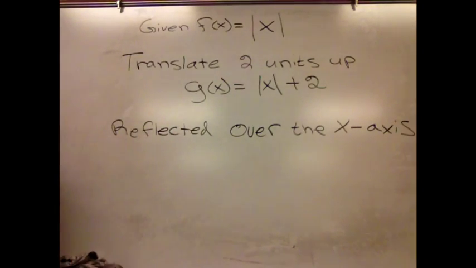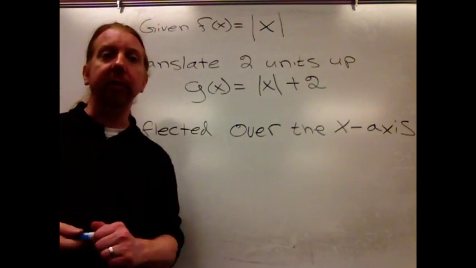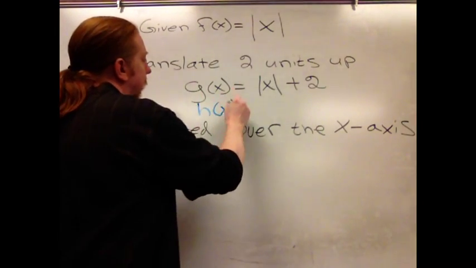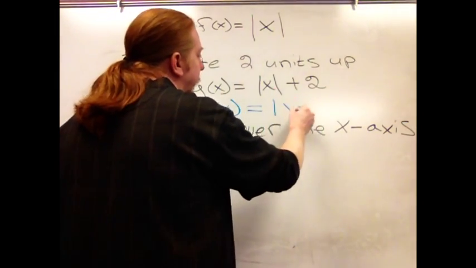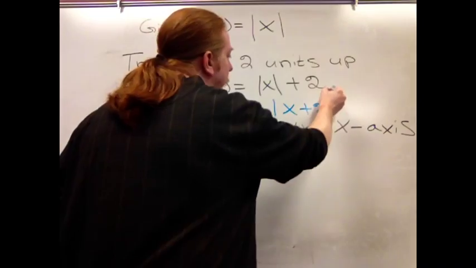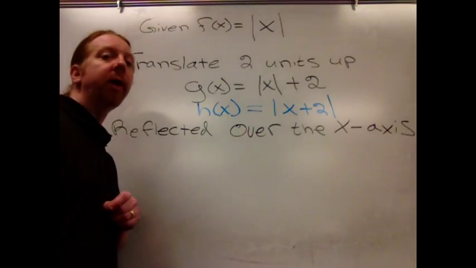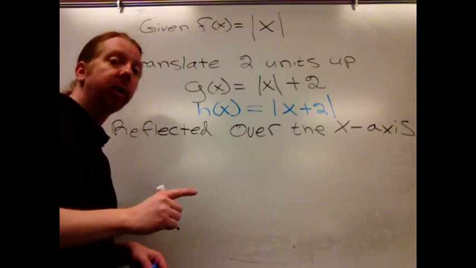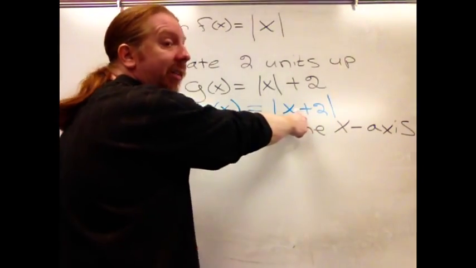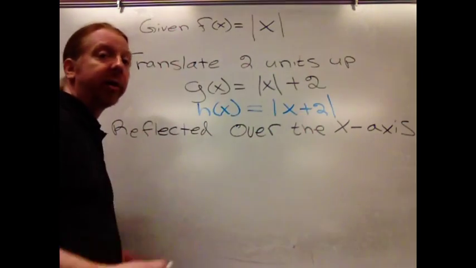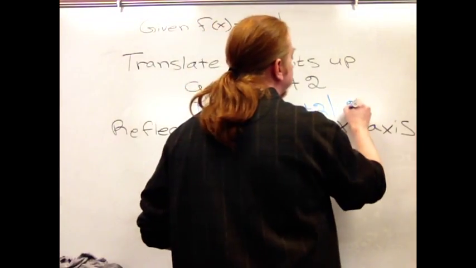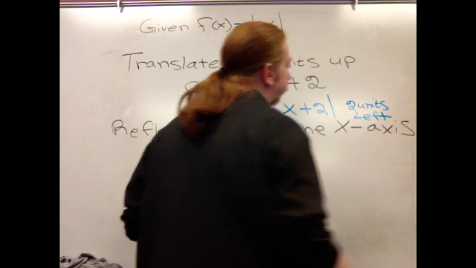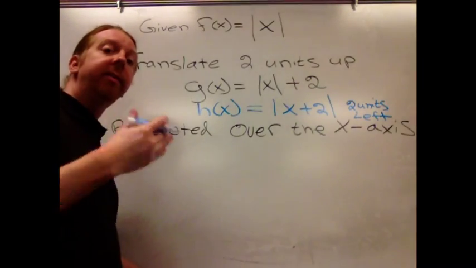Now, as a point of comparison, if I had written, say, h of x is equal to the absolute value of x plus 2, and then close my absolute value bars, this is not 2 units up. Since the 2 is inside, it goes in the opposite direction. This would be 2 units left, which is a different result.